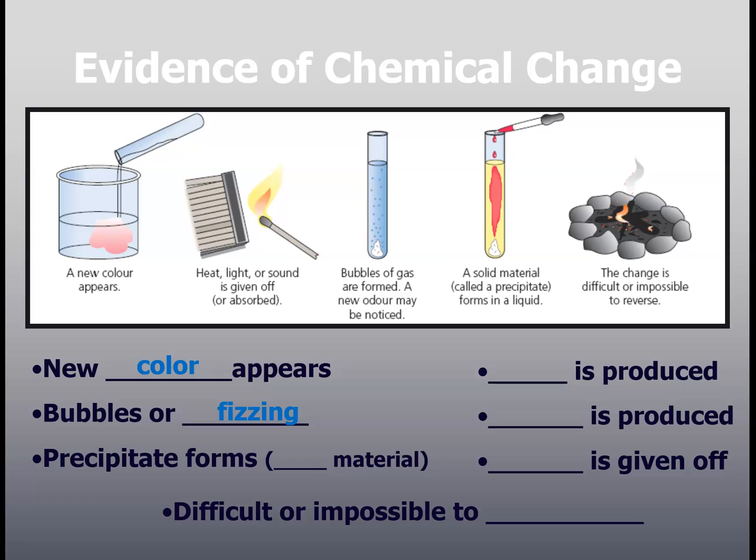All right? That is a chemical change. Precipitate forms, meaning solid material. So does the material change? If you were to add water and cornstarch together, it actually precipitates a form. It creates a solid.